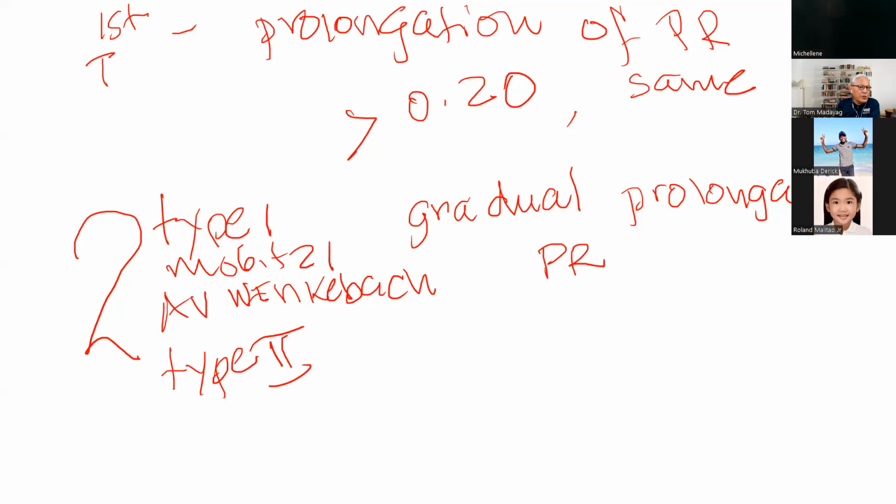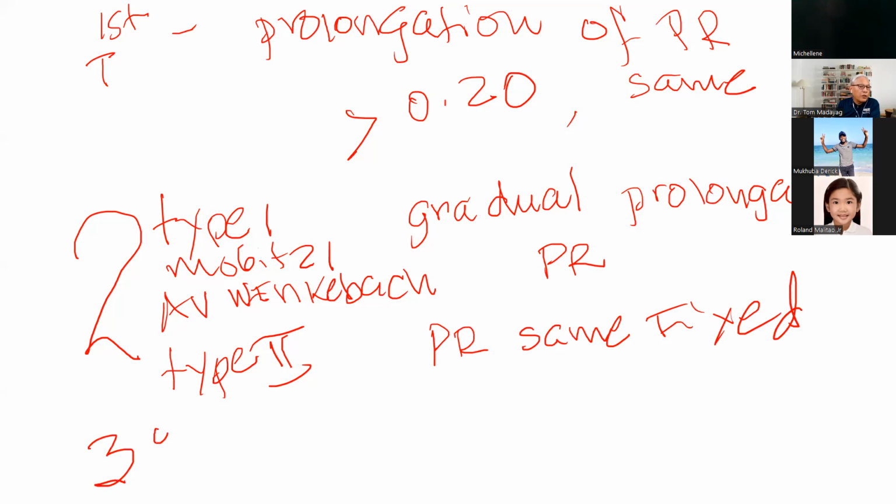The characteristic of a type 2 second degree AV block is, again, there are P waves without QRS complexes, but the PR intervals are the same or are fixed. This is a dangerous rhythm because it could progress to the last type of AV block, which is complete heart block or third degree AV block.